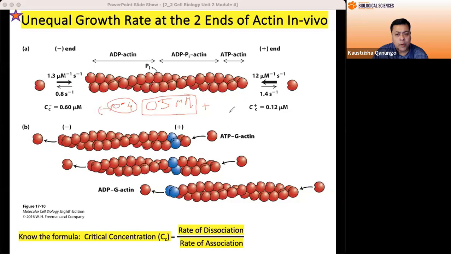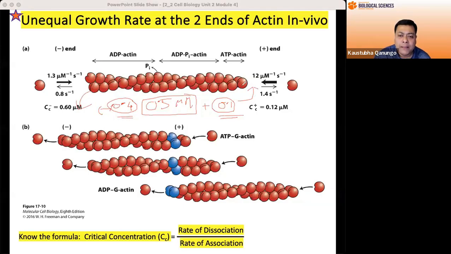On the other hand, suppose you have an arbitrary value right here, 0.1 at the plus end. This is much less than the 0.5 compared to 0.4. This is far less than this. So that is what the point is. Now remember that in this condition also, we will see dissociation from one end and association at the other end.